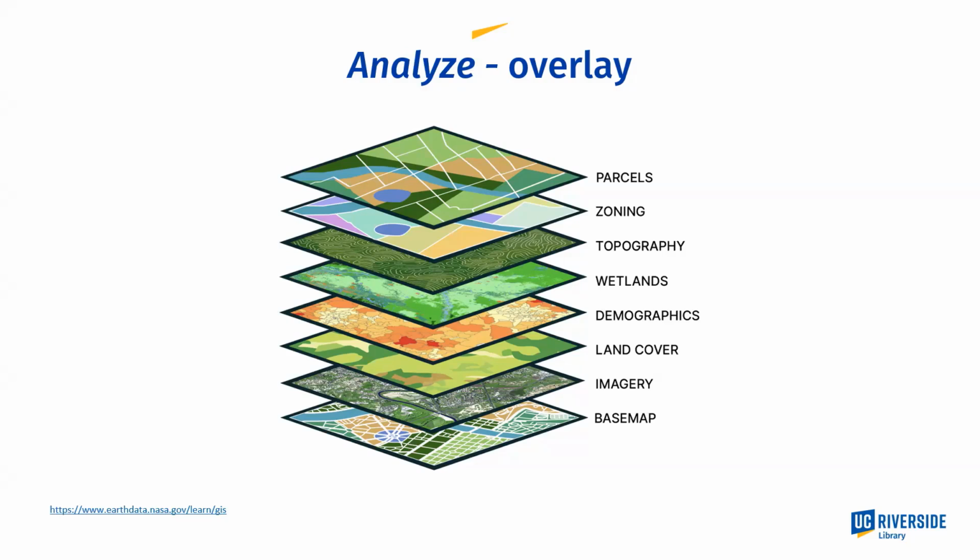So in this example, perhaps it would be possible to calculate for a given parcel how much of that parcel is taken up by wetlands, for instance. So there are all kinds of combinations you can look at together or separately or in different combinations. So it's a very powerful capability of GIS.